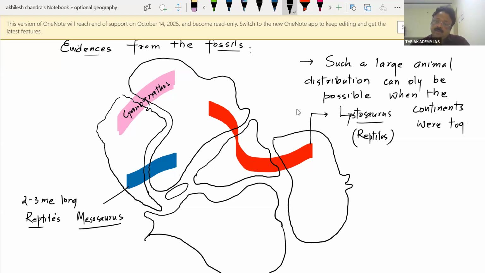When the continents were together, then only are we going to have such a massive distribution of animal fossils.